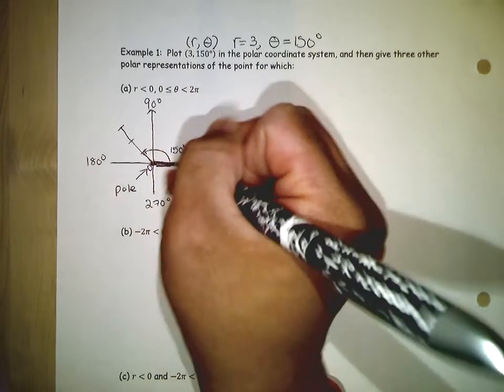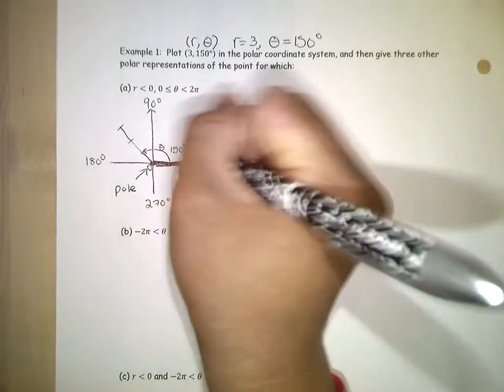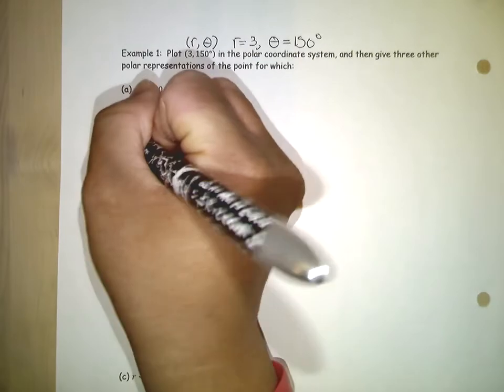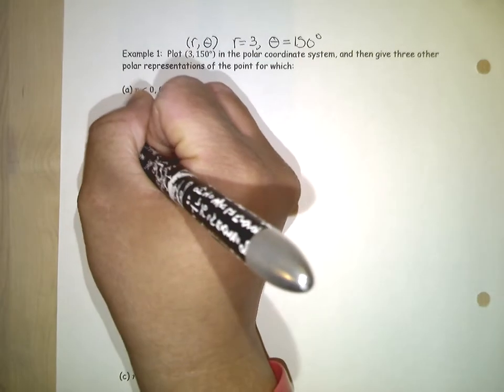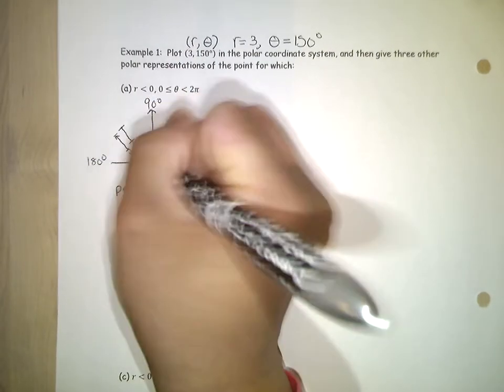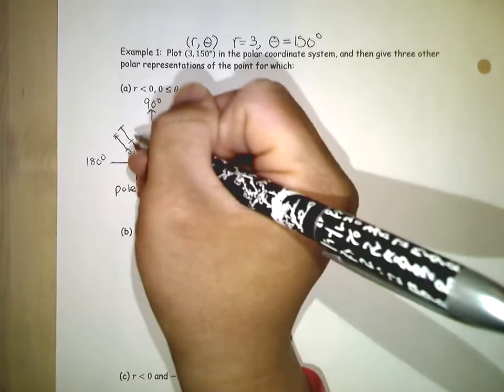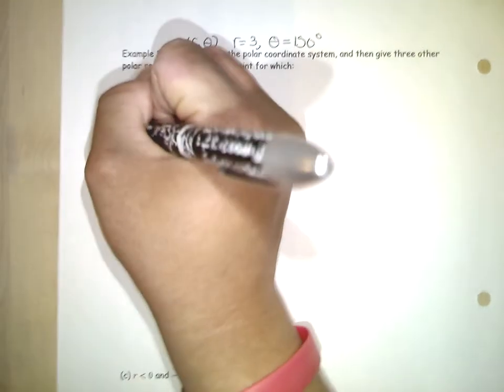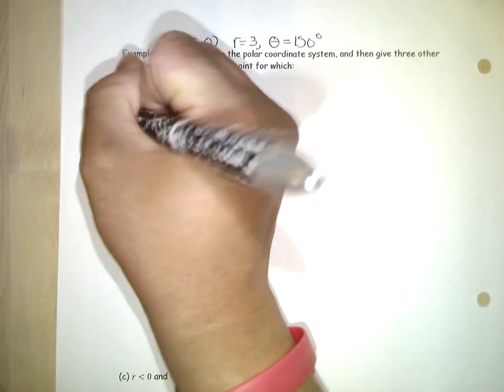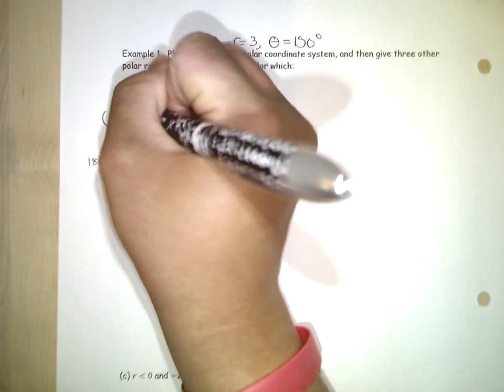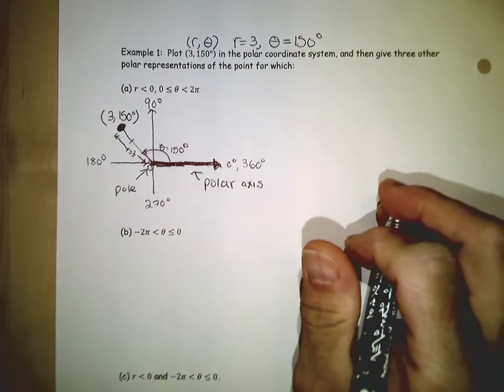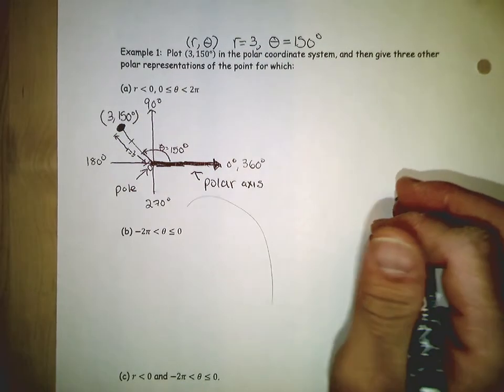So theta is 150 degrees, and the length of this segment is r equals 3. So this point right here is (3, 150 degrees) in the polar coordinate system.